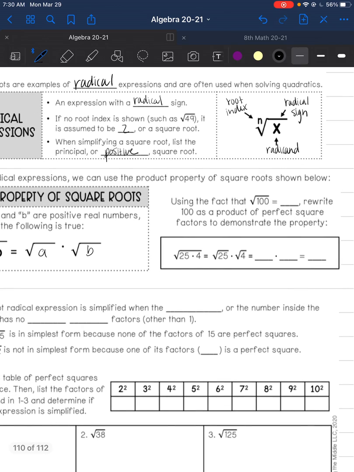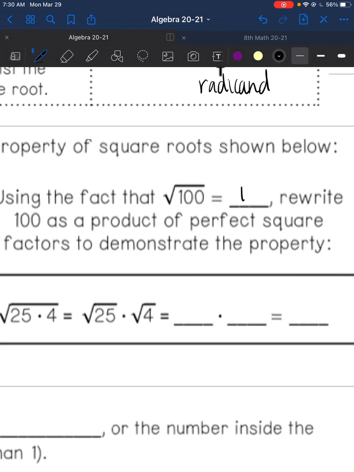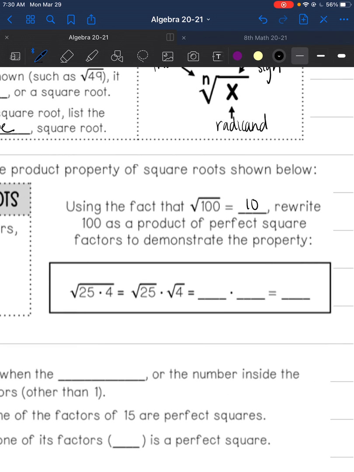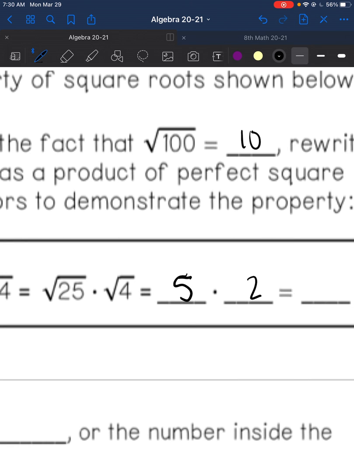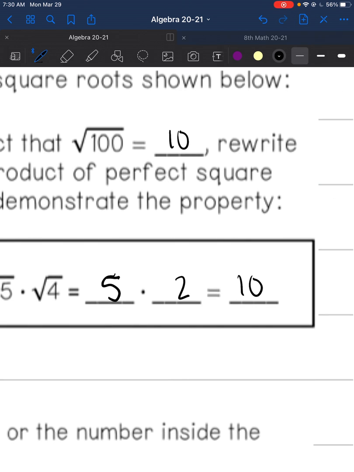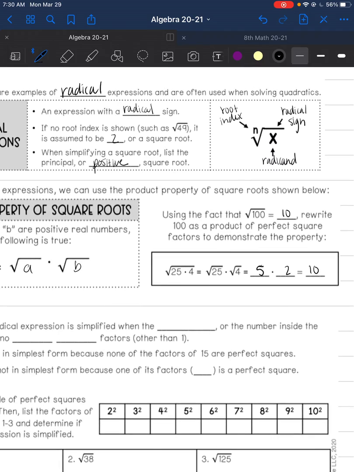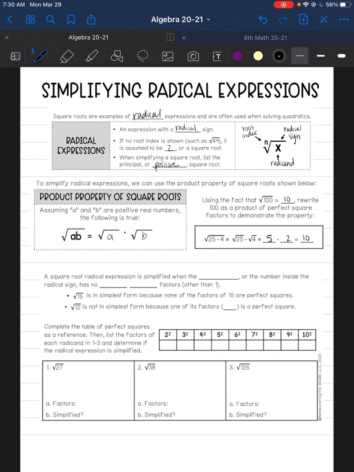Using the fact that the square root of 100 equals 10, we're going to rewrite 100 as a product of perfect square factors to demonstrate the property. 25 times 4 equals 100. The square root of 25 equals 5, and the square root of 4 equals 2. 5 times 2 is 10. So we're really playing with our multiplication.